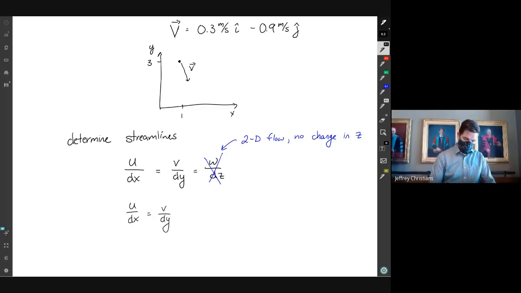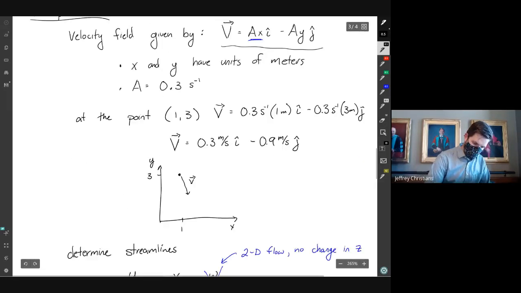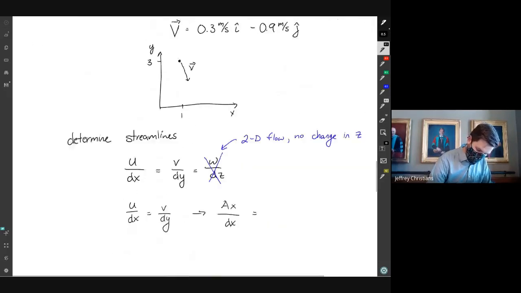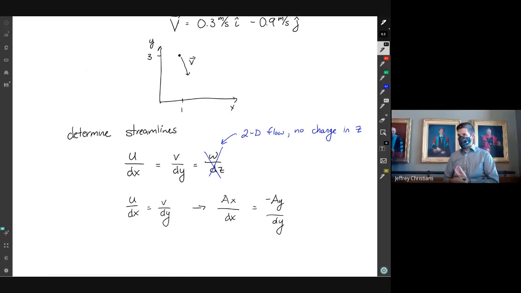If we want to look at that, what is our equation for u? That's a x over dx equals, if you go back up, minus a y over dy, just plugging in our u and v.